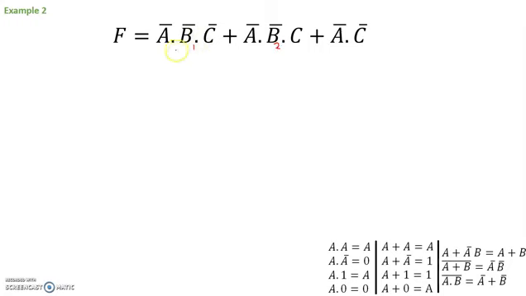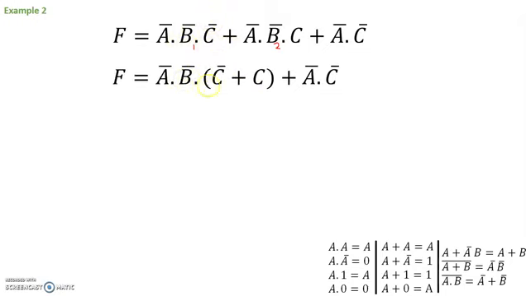First and the second term both have not A, not B. So let's bring not A, not B out. And what we end up with is not A, not B, ended with not C from here and C from there, or with not A, ended with not C. So we'll just leave this term as is.